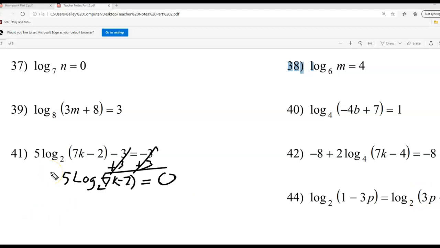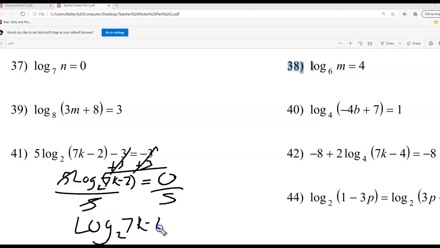Okay, so at this point now I'm going to divide both sides by 5. And in this case, 0 divided by 5 doesn't really even matter.